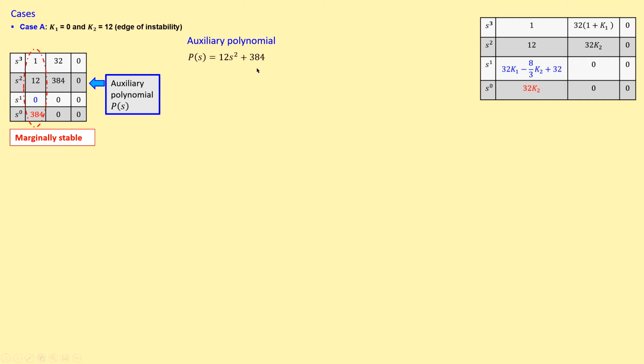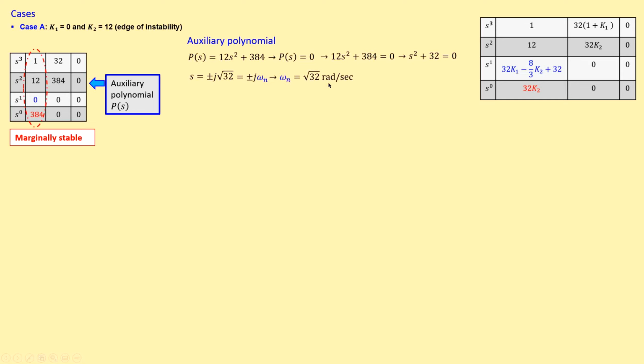And if I now check the solution of this expression, which is just make that equal to 0, and substitute the values, you will have s squared plus 32 equals 0. And if I now do the math here, I will get two poles which are pure imaginary, and of course in pair. So I have omega n, which is the natural frequency for this case, and that will be square root of 32.